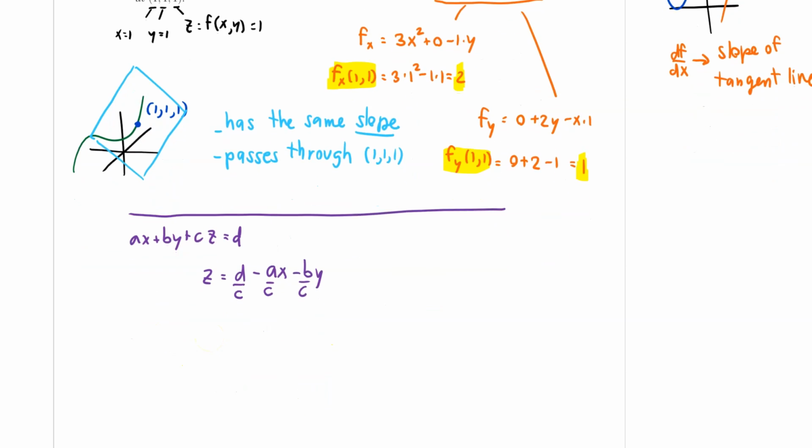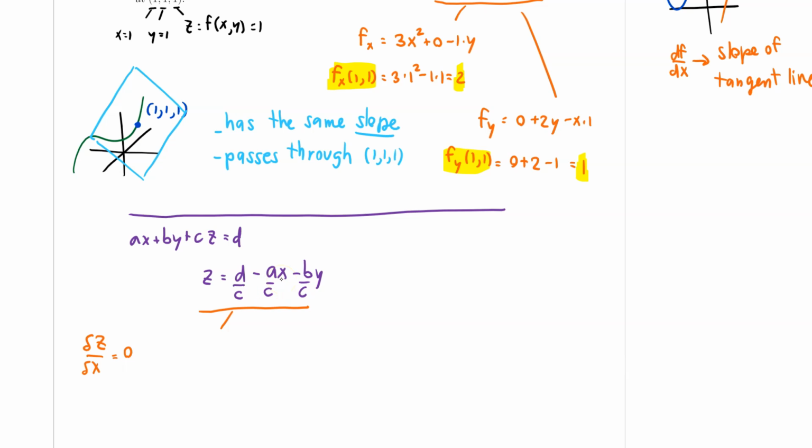Now I can actually find the slope for this plane as well by finding the derivative with respect to x and y. So given this equation, I can find the partial derivative with respect to x, let me use dz by dx. X is my only variable, so d over c is just a constant, so it becomes 0, minus a over c x.